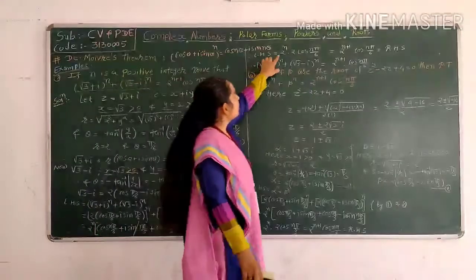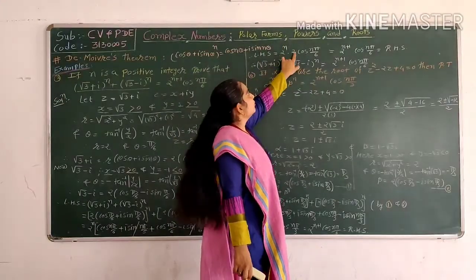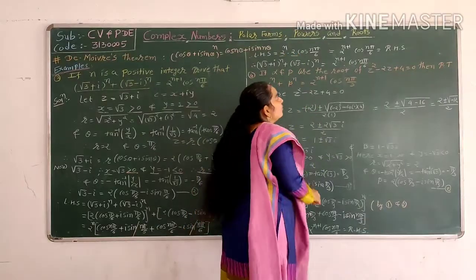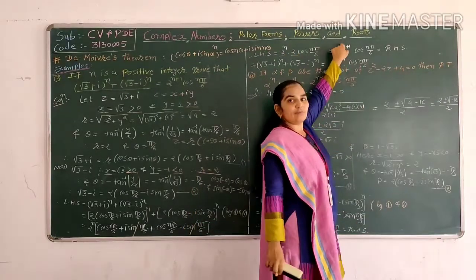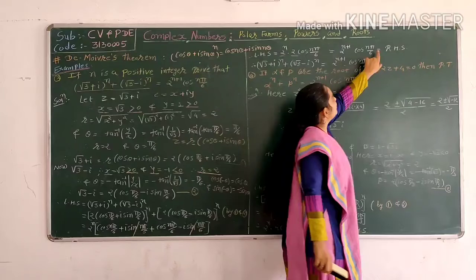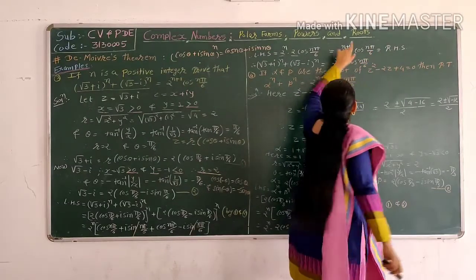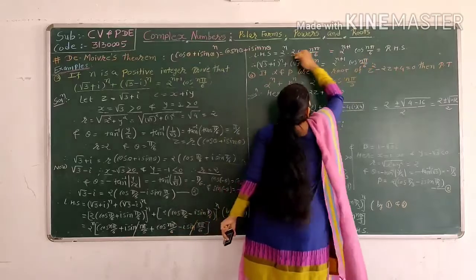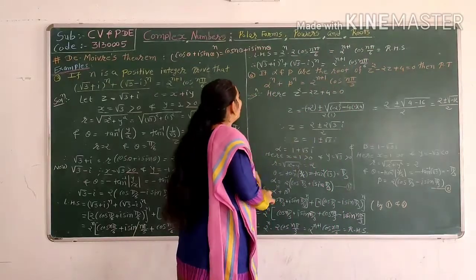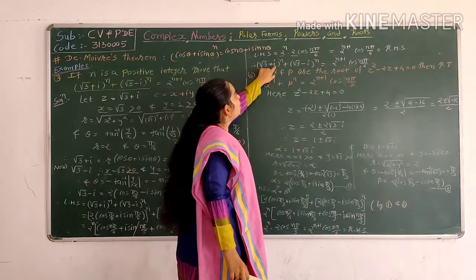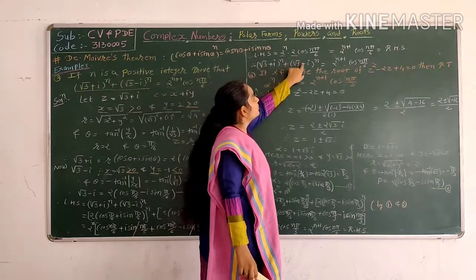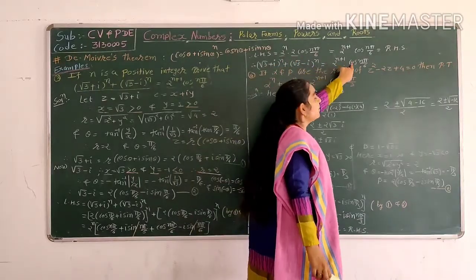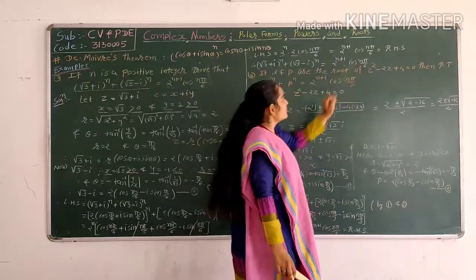Therefore 2 raised to n into 2 cos n pi by 6. Now 2 raised to n into 2 we can write as 2 raised to n plus 1, cos n pi by 6, which is your RHS. Therefore LHS is equal to RHS. Therefore under root 3 plus i whole raised to n plus under root 3 minus i whole raised to n is equal to 2 raised to n plus 1 into cos n pi by 6.